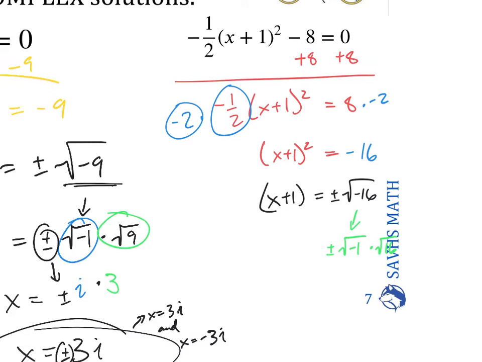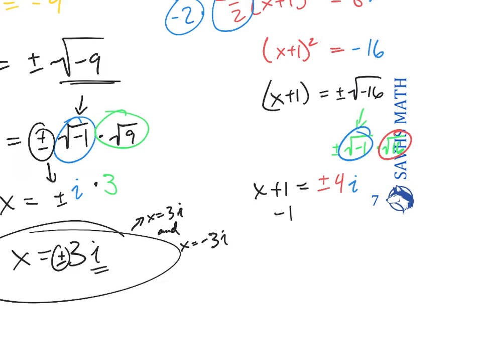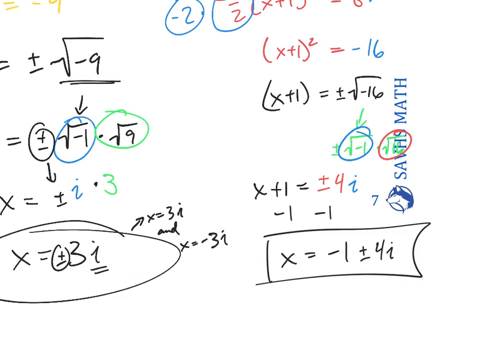The square root of 16 is 4, and so now I have plus or minus 4 from here, and then this is i. So my answer is x plus 1 equals plus or minus 4i. I'm not quite done yet. I need to subtract 1 from both sides. So I get x equals negative 1 plus or minus 4i. There we go.